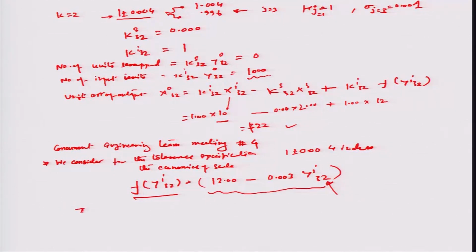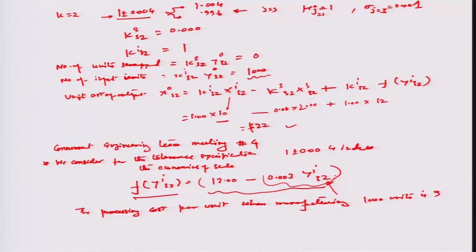So, the processing cost per unit when manufacturing 1000 units is 9, because obviously the economies of scale gets added or gets subtracted from the overall cost in this particular case. Okay.